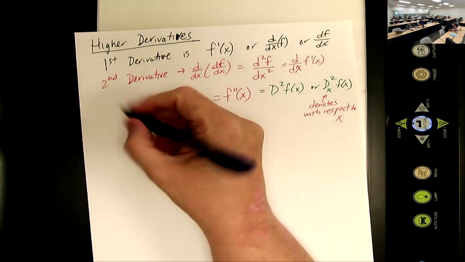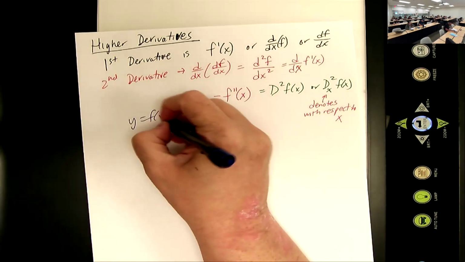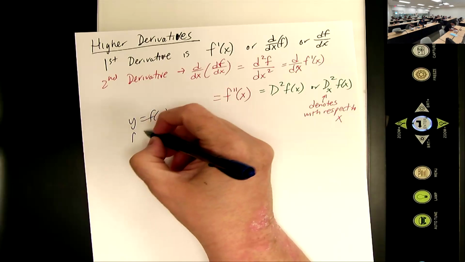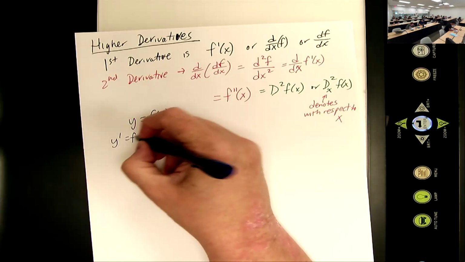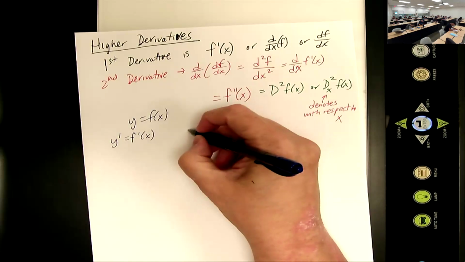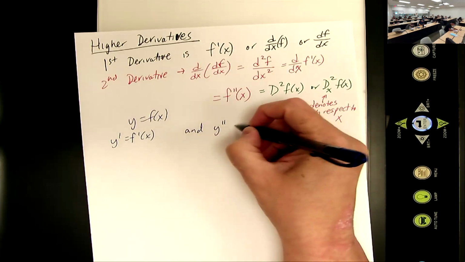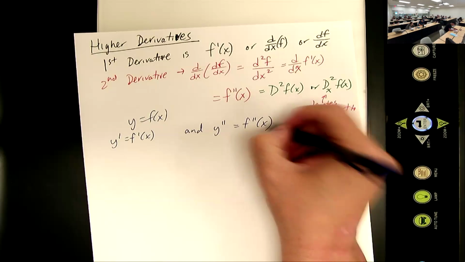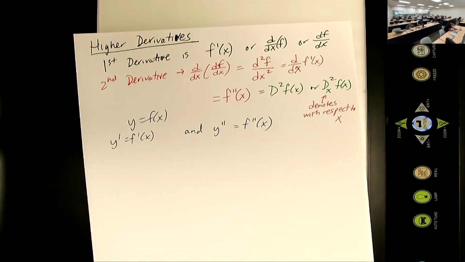Since we often say y equals f of x, we'll have y prime equals f prime of x and y double prime equals f double prime of x. So you'll see those also.